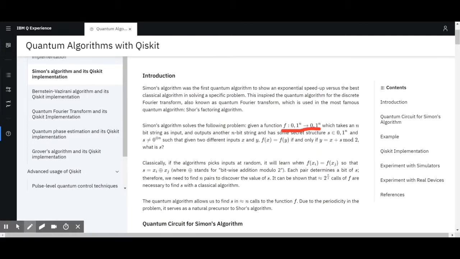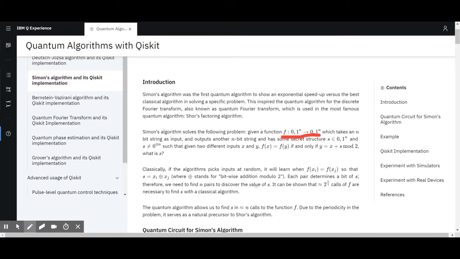Classically, if the algorithm picks inputs at random, it will learn something when f(x_i) and f(x_j) are equal. This symbol stands for bitwise addition, just modulo 2.